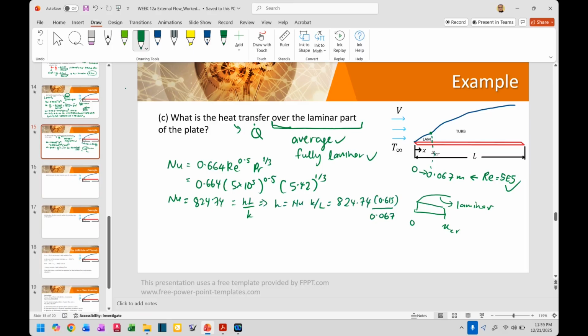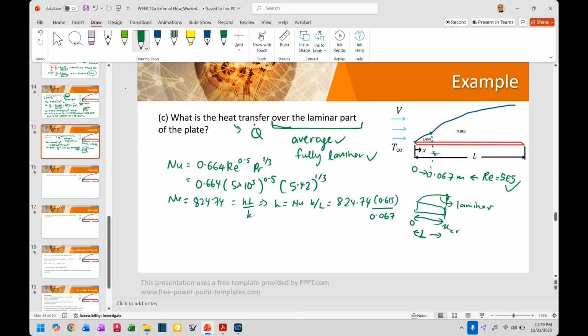Okay, so L now is not 0.5, it is 0.067, which is the new L for the entire laminar part. The L here is the critical length, so this corresponds to the end edge of the laminar part.